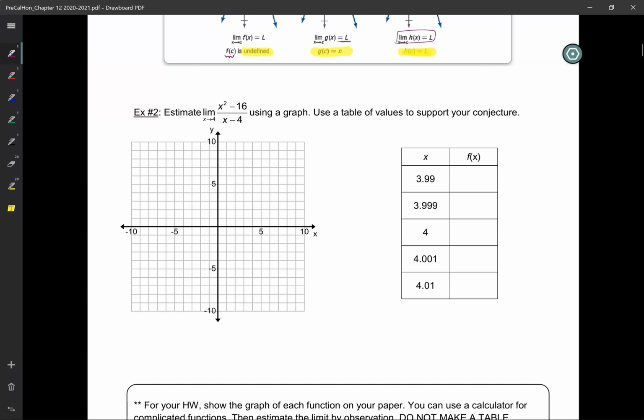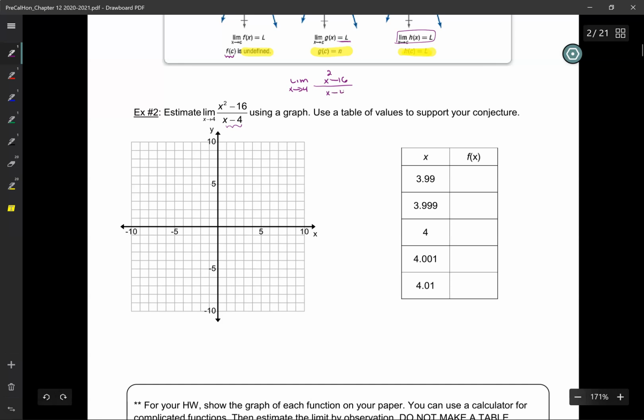So next one here, let's take a look at the graph here. It says the limit as x approaches 4 of x squared minus 16 over x minus 4. You should remember from Algebra 1 or Algebra 2 that if you have a denominator with a variable, there is a possibility that the function does not exist there. So let's look at this function.